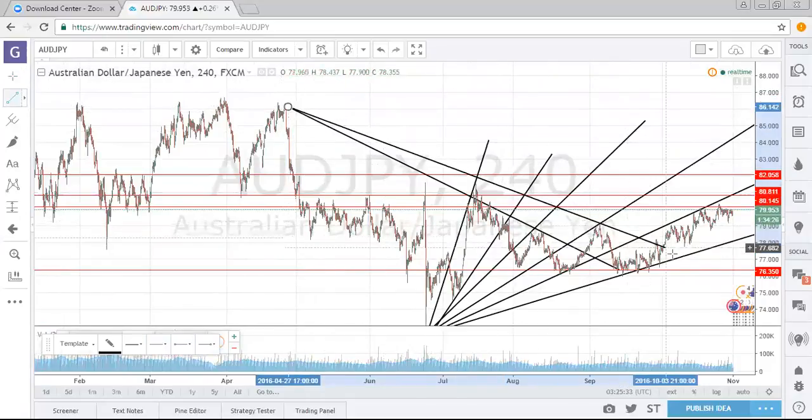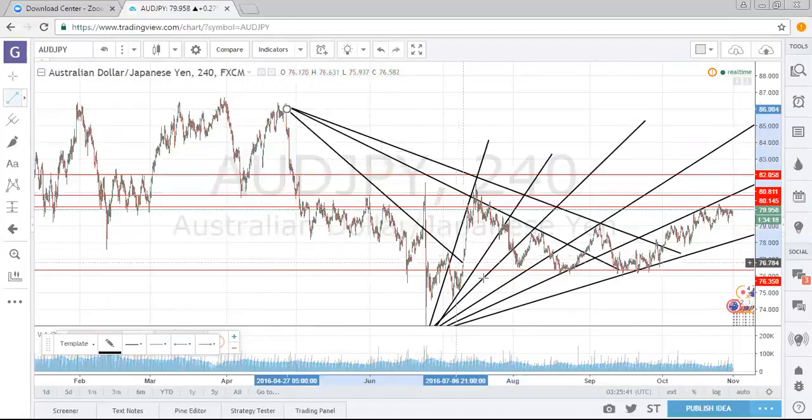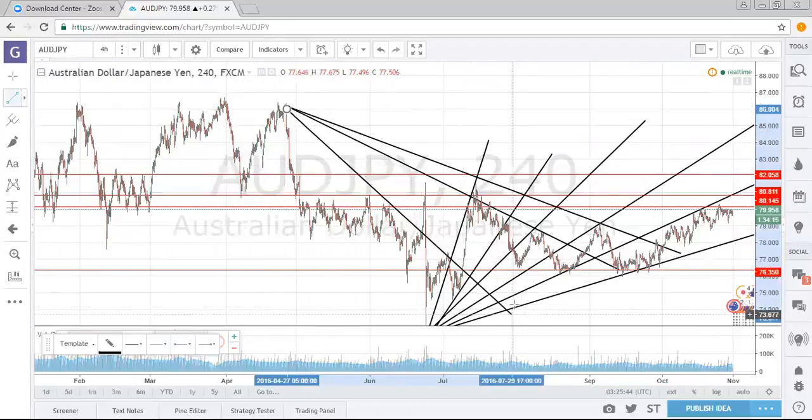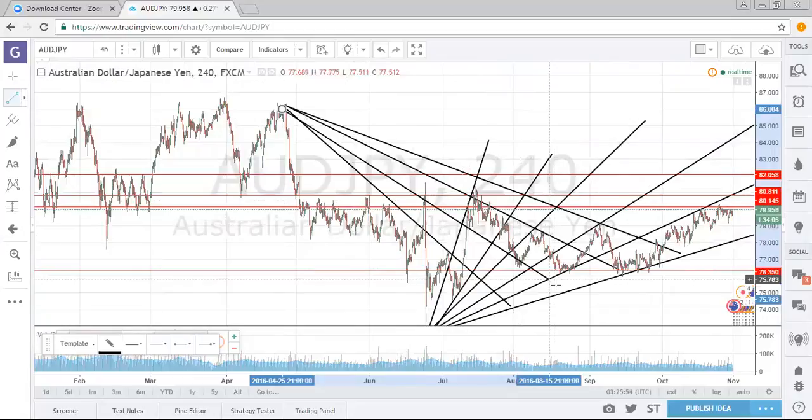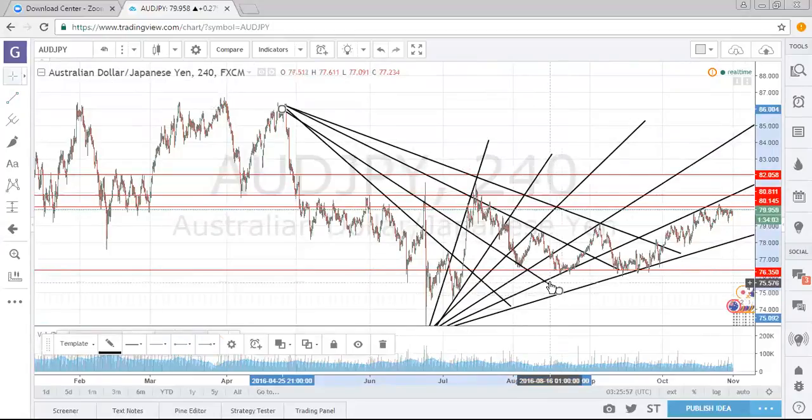Look at that. They respect all the way, all the way. You can see where price breaks these lines, and that would be entry points right there. Okay. High to low. Remember that. Low to high.